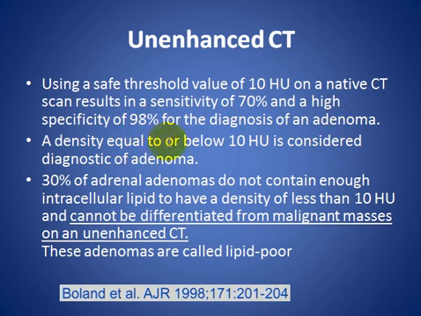A density equal to or below 10 is considered diagnostic of adenoma. 30% of adenomas don't contain enough intracellular lipid to have a density less than 10 and cannot be differentiated from malignant masses on an unenhanced CT scan. These are adenomas called lipid-poor adenoma.